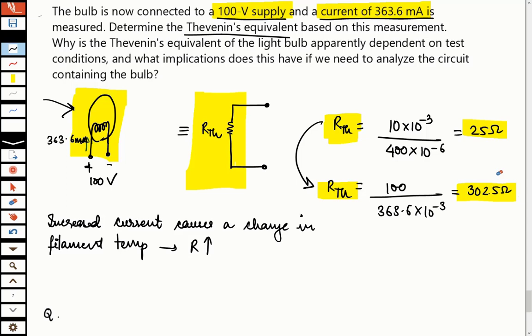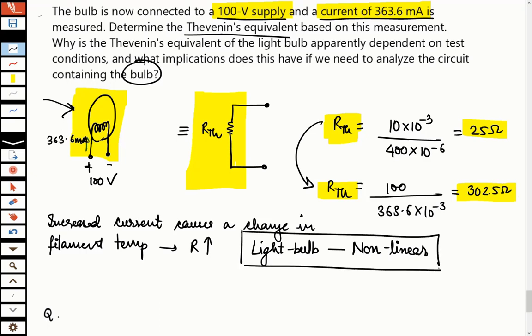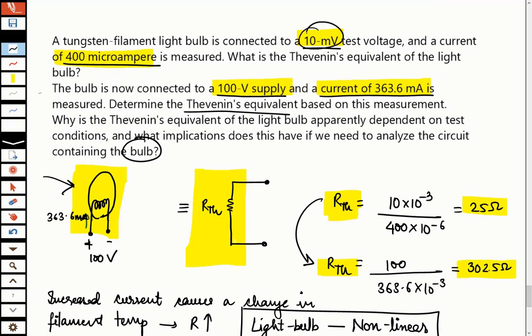This means that the Thevenin equivalent should apply to a specific current in a particular circuit. Okay, and you notice that this light bulb is not a linear device, it's a non-linear element, because its resistance is very sensitive to change in temperature, and that temperature change happened just because we replaced the 10 millivolt test voltage with 100 volt, right?